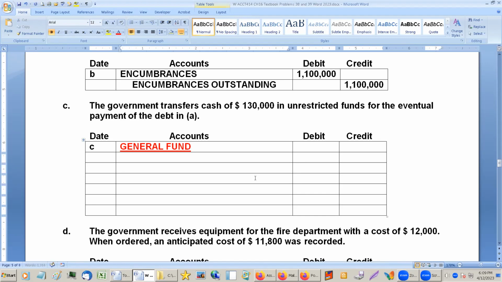I'll give you the easy part. The easy part is they're sending out $130,000 in cash to pay for the debt.